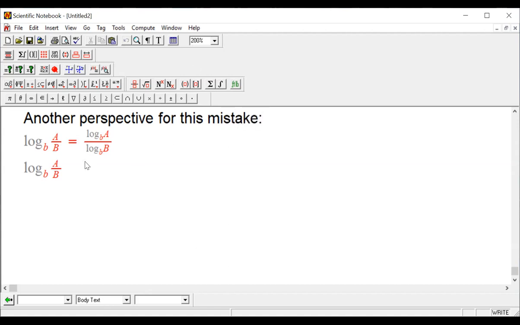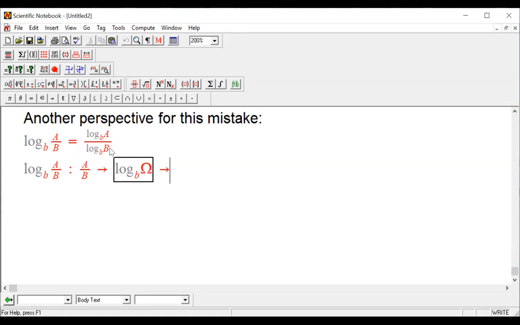This piece means that you're going to do A over B, and that is the input for the function. This function is a log base, and it takes input and produces an output.